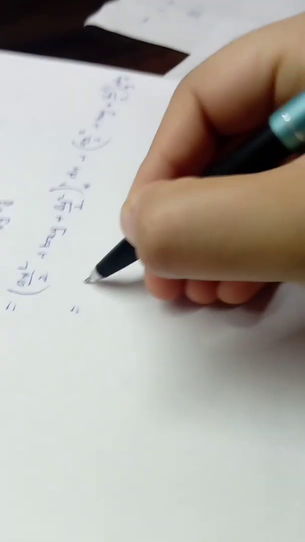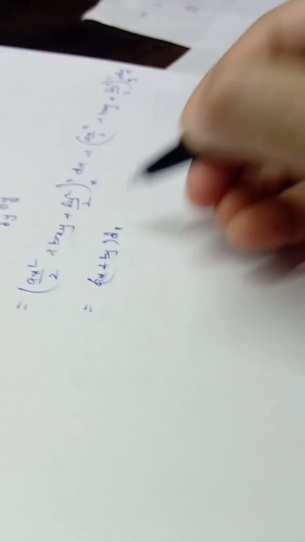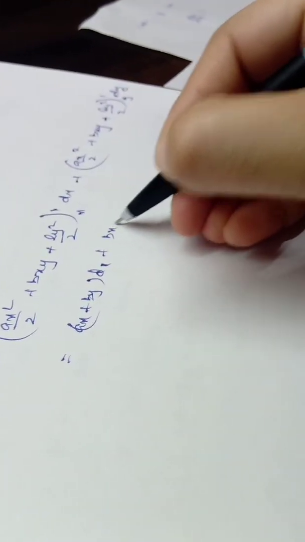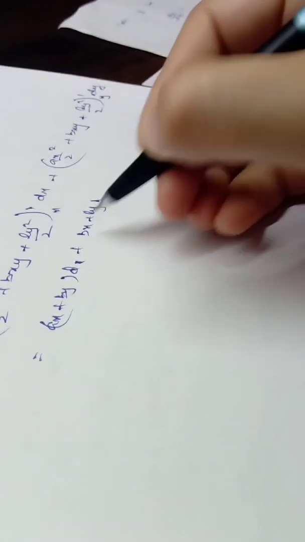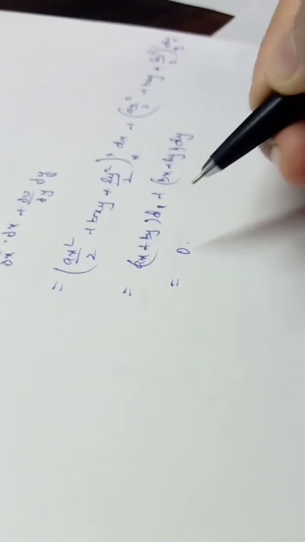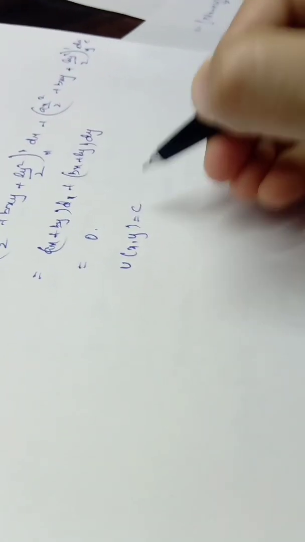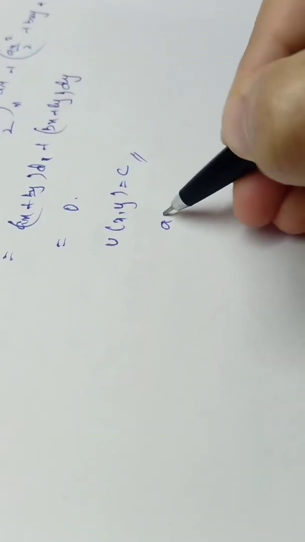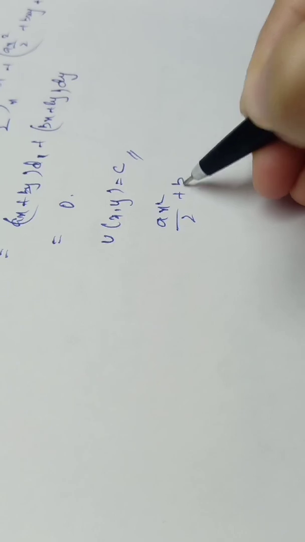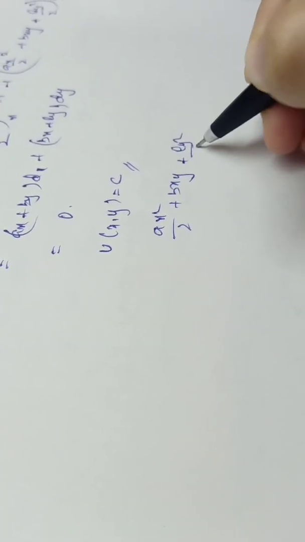So we get (ax + by) dx + (bx + ly) dy = 0. This way we can verify that u(x, y) = c is the solution of the ODE, where ax²/2 + bxy + ly²/2 = c, the arbitrary constant.